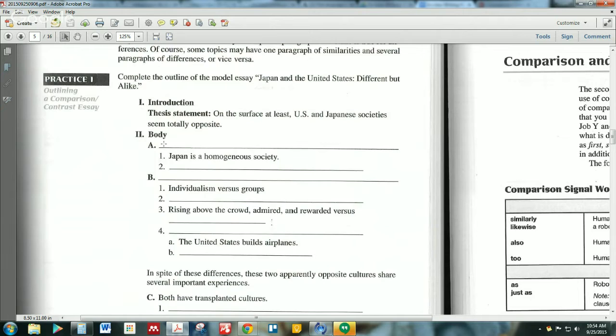So the topic sentence in paragraph A, or actually paragraph 2, "One obvious difference is the people." So they have a small section on Japan as a homogeneous society, and then they use the opposite word.